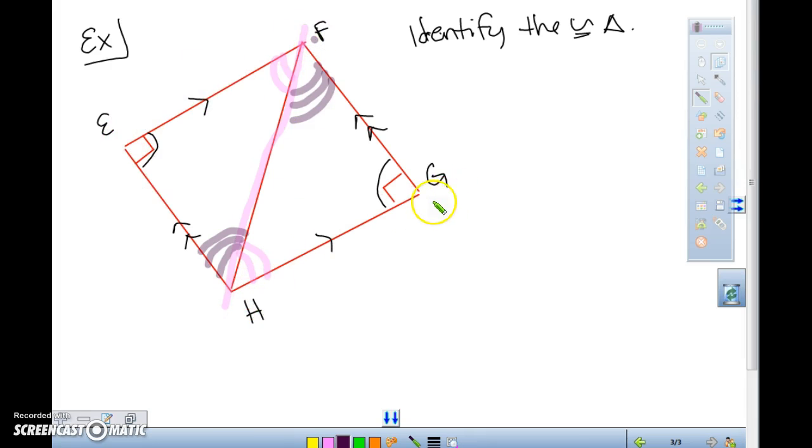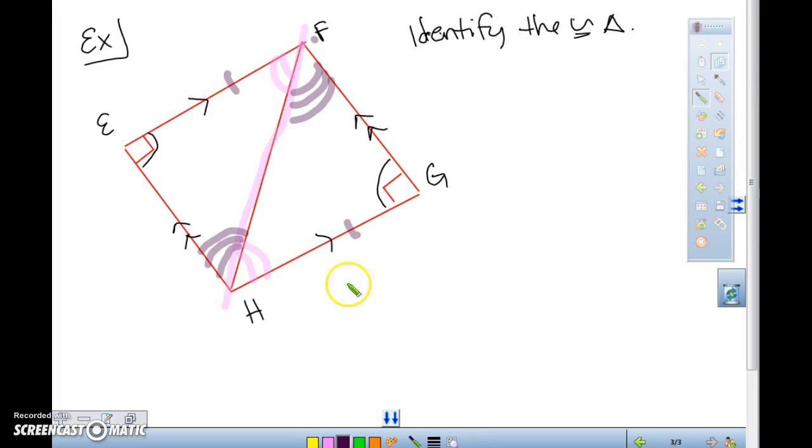They're the same distance apart at either place. Yeah, because that's the definition of parallel lines. So those are going to have to be the same. The parallel lines are the same distance apart.